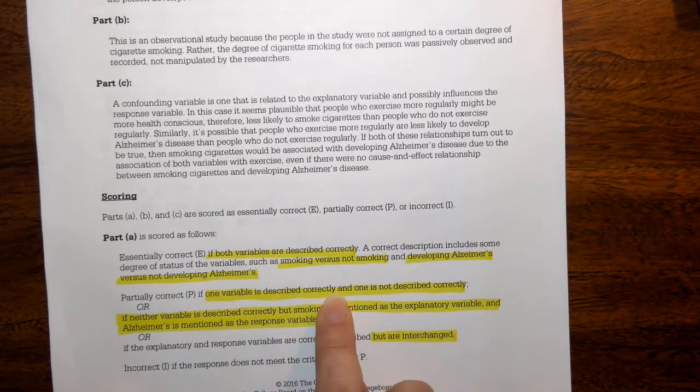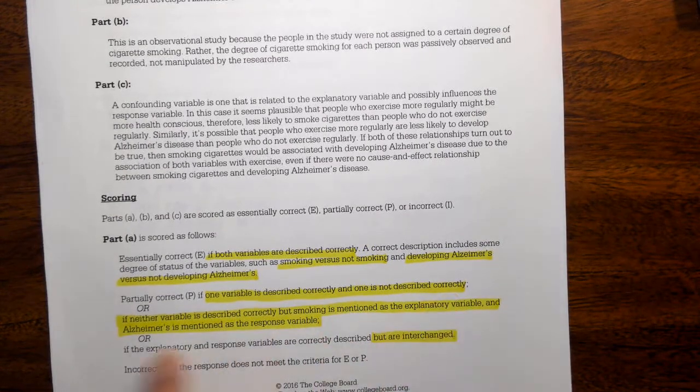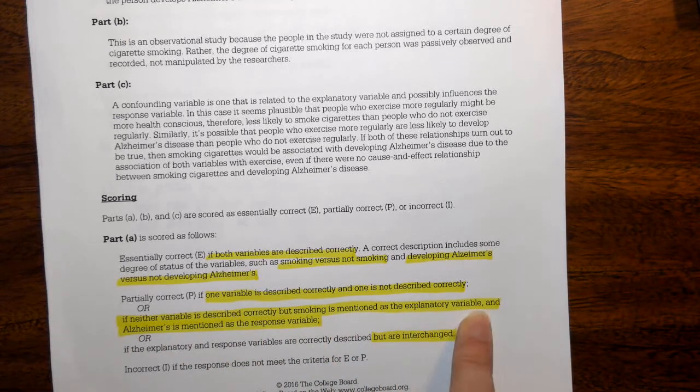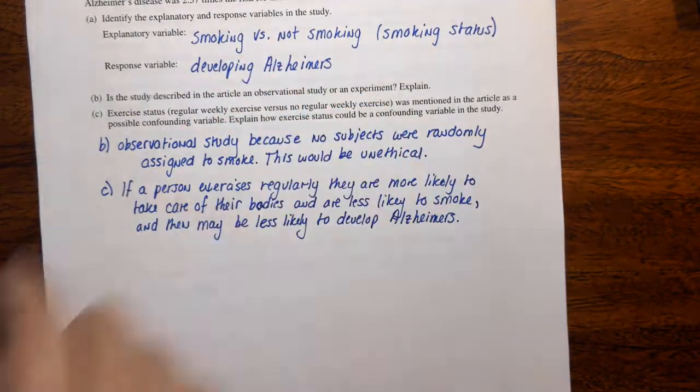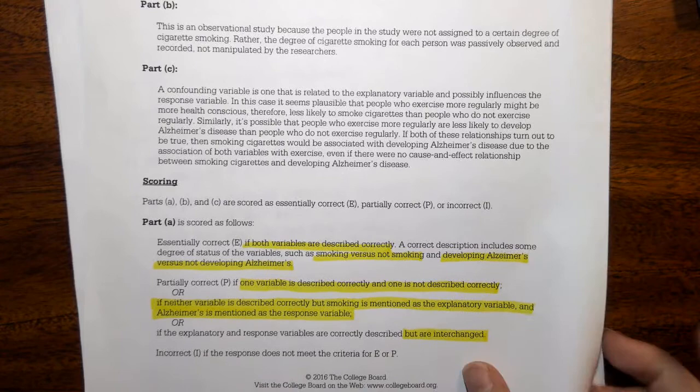One variable is described correctly and the other's not. That's me. If neither variable is described correctly but smoking is mentioned and Alzheimer's is mentioned, you get a P. So if you just say smoking, Alzheimer's, that's also a P. And if you have them correctly described but they're interchanged, like you get it completely backwards, it's also a P. And then anything else is a 5.